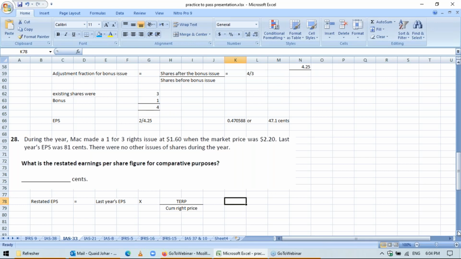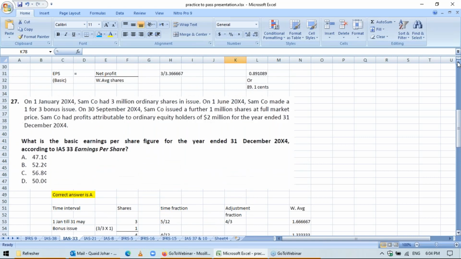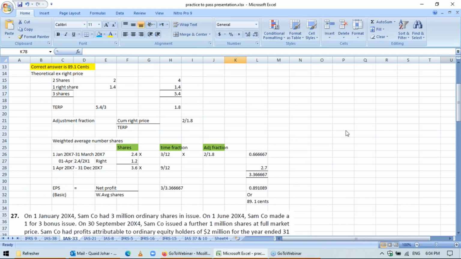Agreed? So previously, see, our adjustment fraction taken in the previous example, question number 26. If you look at it, our adjustment fraction was cum-right price divided by theoretical ex-right price, right?